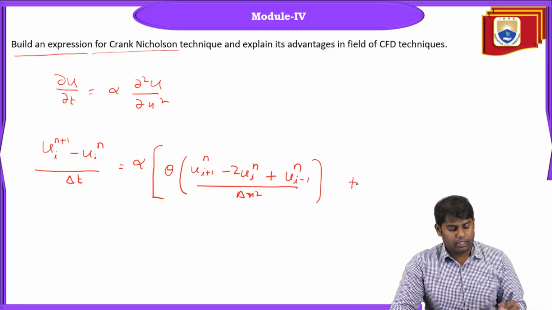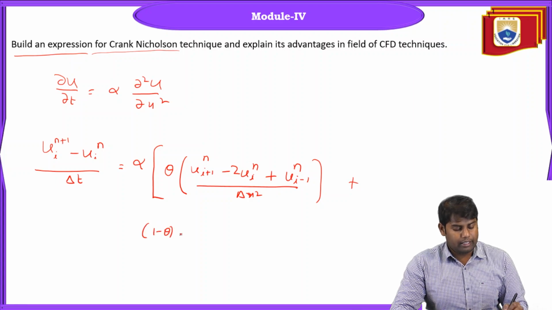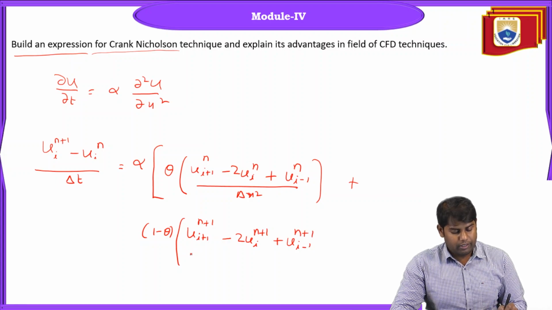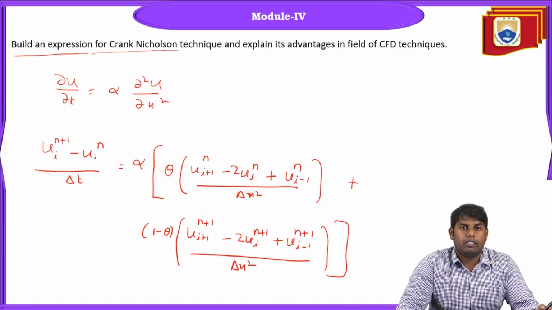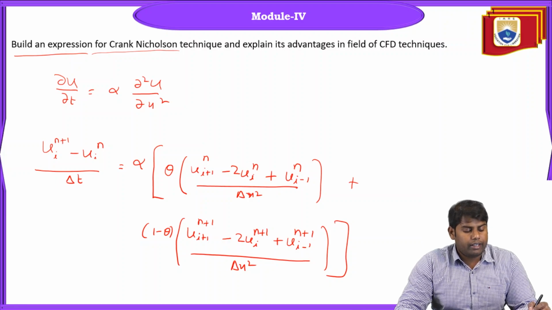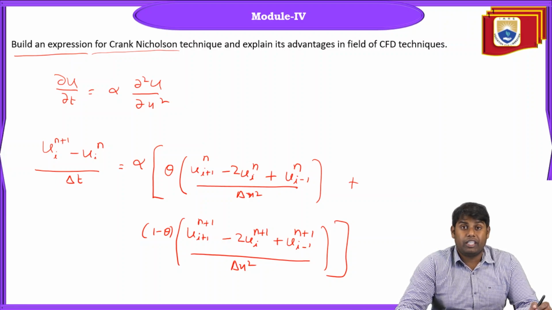+ (1 − θ) × (u_{i+1}^{n+1} − 2u_i^{n+1} + u_{i−1}^{n+1})/Δx²]. This is what we have seen in the previous session, where the Crank-Nicholson scheme is also a semi-implicit scheme, and we found a switching factor called theta.